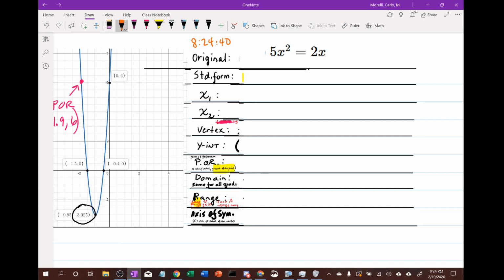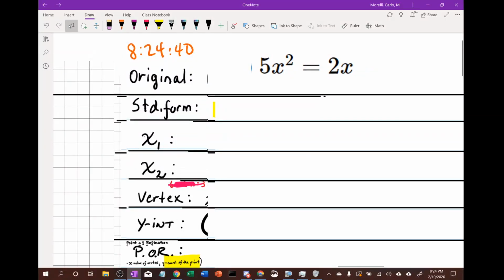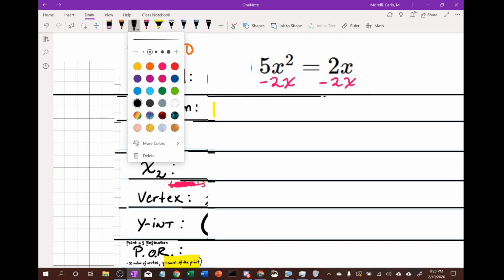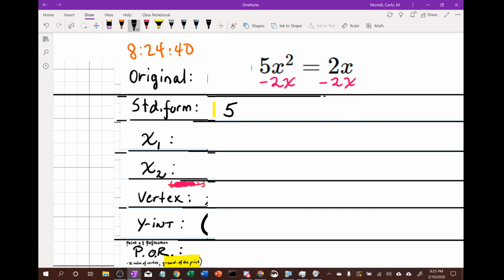Okay, so this is not in standard form, ladies and gentlemen. So what do we have to do? Subtract 2x from both sides. Now if I rewrite this, I'll have 5x squared minus 2x. What happened to the c value? It's 0.